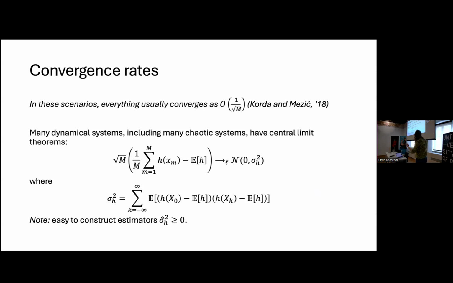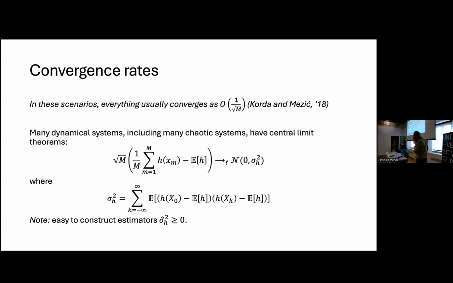It's worth noting that this is not just true of SDEs or independent sampling, it's also true of a lot of chaotic systems, fluid flows and all this. Even if they're deterministic, we get a kind of central limit theorem where if we take out our mean and normalize it appropriately, we get convergence to a normal distribution. And we can estimate this variance using what is in some places known as the Green-Kubo formula, which is basically a bunch of cross correlations.